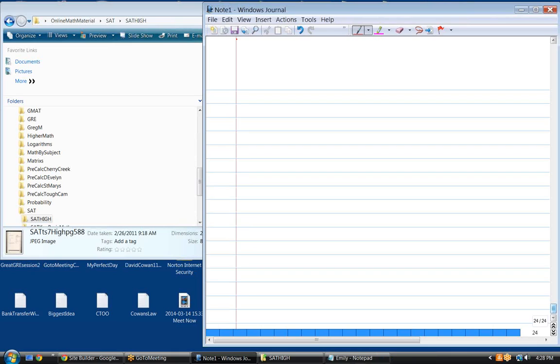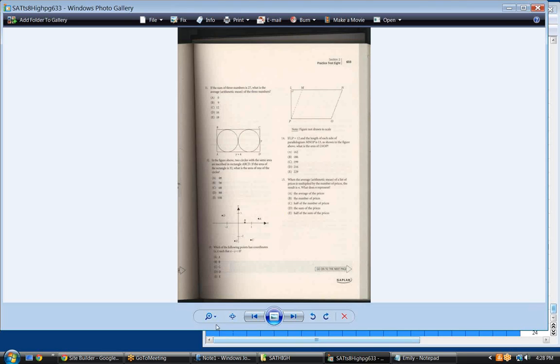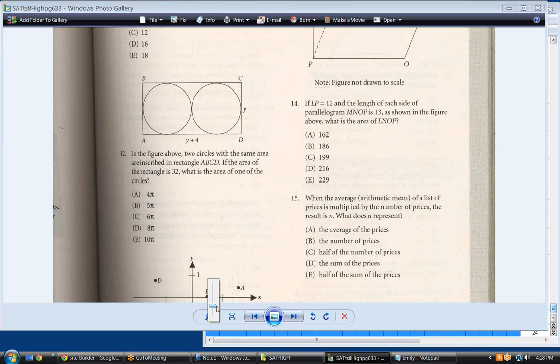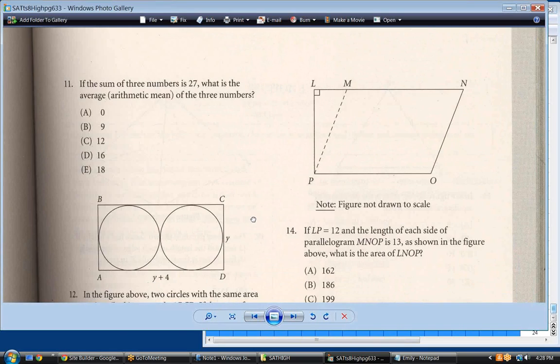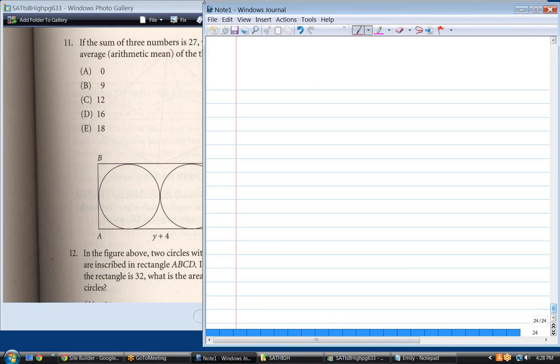All right. Let's do one more here. The sum of three numbers is 27.